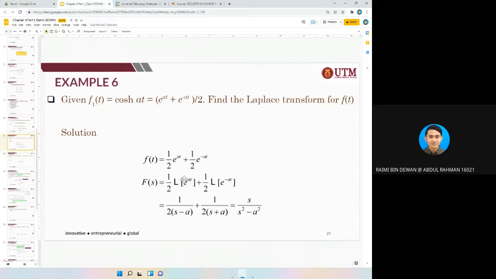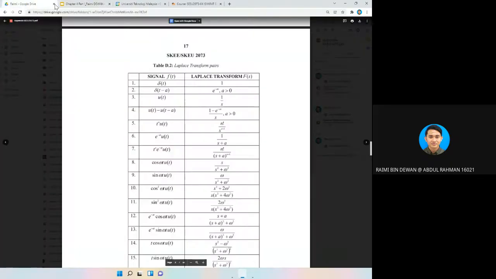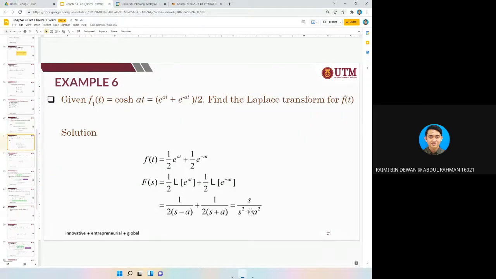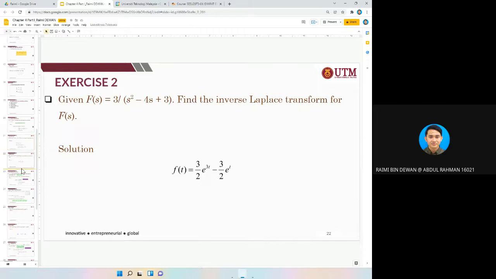That's why it's actually only s plus a, following the general formula. Then you do some mathematical operations to obtain this. So this is exercise 2. You can try, and this is the solution.